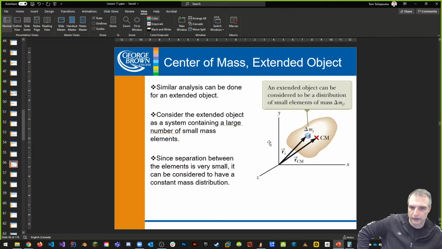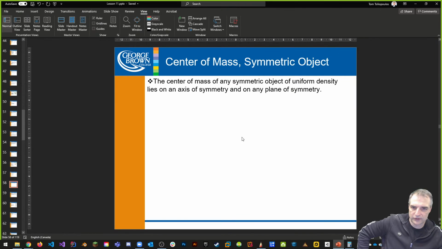Here, we're just going to talk about it very briefly, and I'm going to skip over this part because we really think about the center of mass of a symmetric object for the most part. The center of mass of any symmetric object of uniform density, and this is another thing, we have to think about how much density there is in an object, lies on an axis of symmetry or any plane of symmetry. In other words, in the middle.